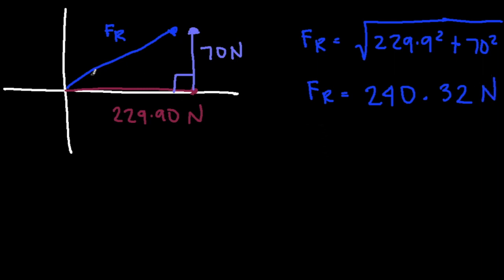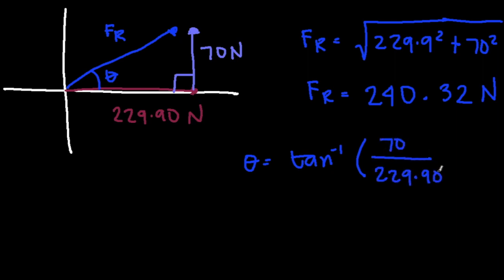And if you want to find the angle here, let's use theta is equal to arc tangent of our y, which is 70, over 229.90, which is our x. So let's try. Shift tangent of 70 divided by 229.90.